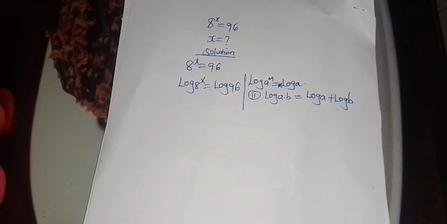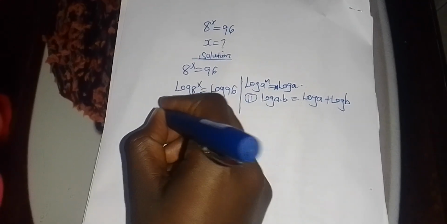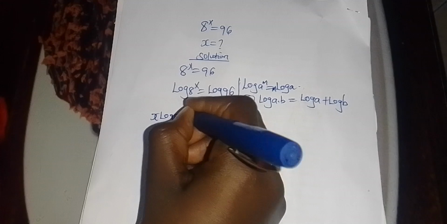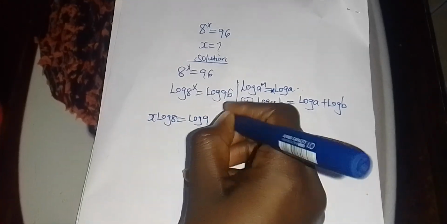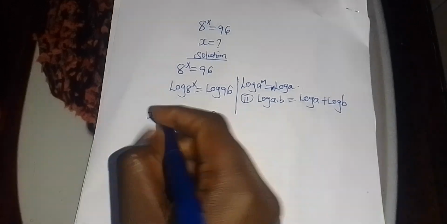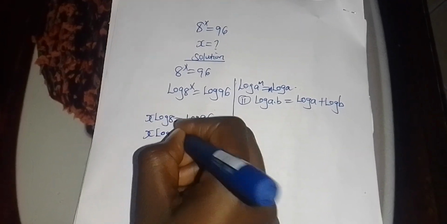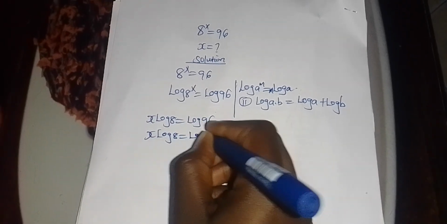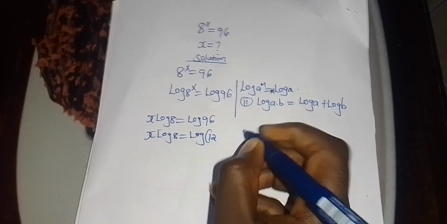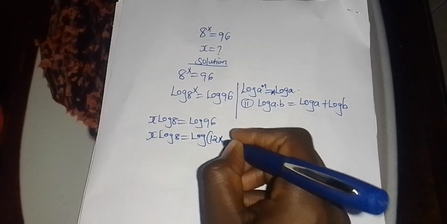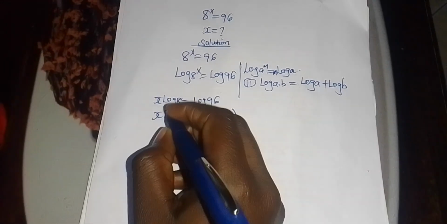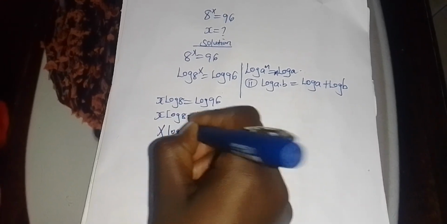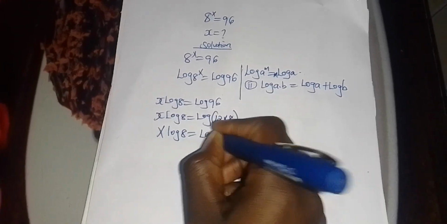Okay, so we proceed so that we'll have x log 8 is equal to log 96. Okay, so 96 can be expressed as 12 times 8. So that we'll have x log 8 is equal to log of 12 times 8.